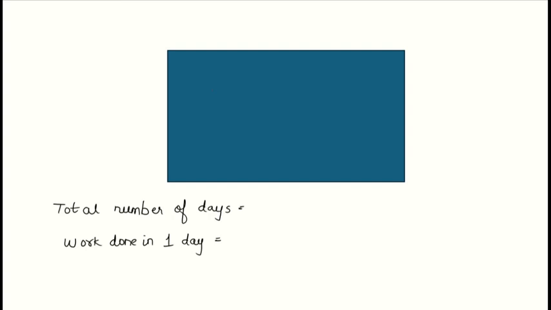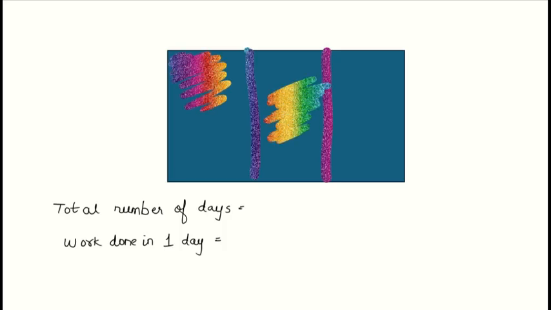As I need to paint this, if I say that I will take 3 days to complete this painting, what I am doing here is dividing this painting into 3 different parts, and I will paint each part in one day. Okay, this part on the first day, this part on the second day, and this part on the third day. So I will take 3 days to complete this painting.